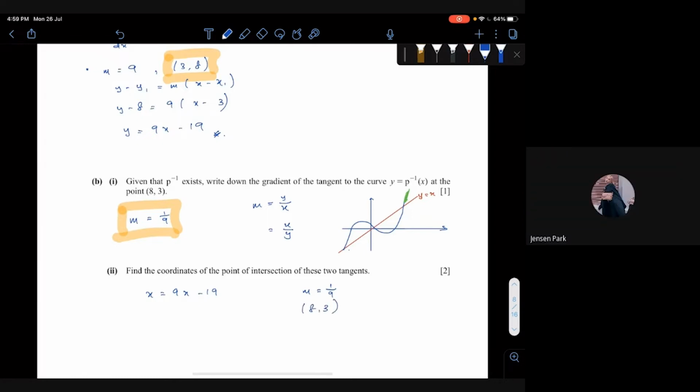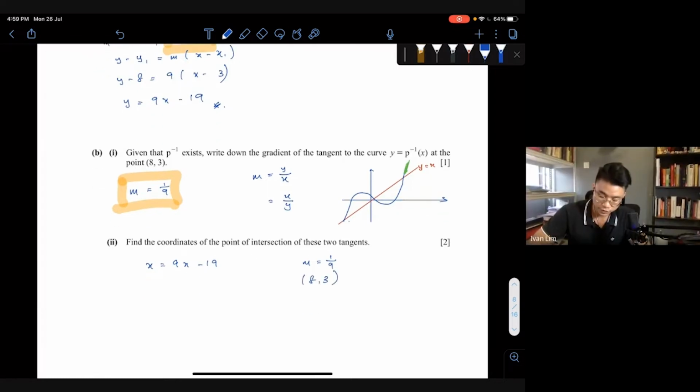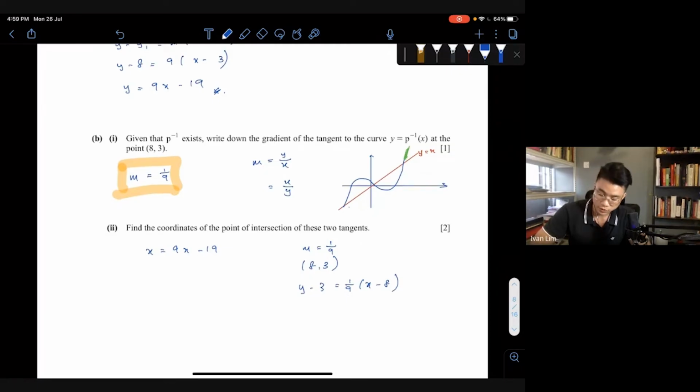You all can go and verify this. If you are a bit unsure, you can also try this way. You will get y equals 1 over 9x. Where's your y value here? Oh, it's 9y, is it?